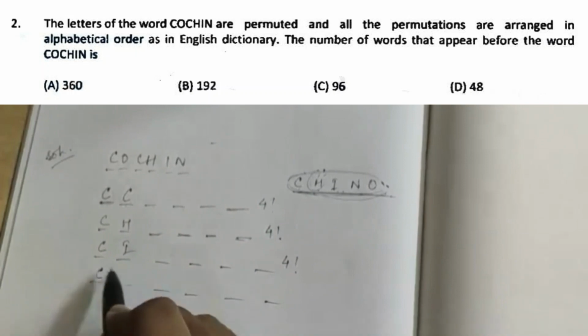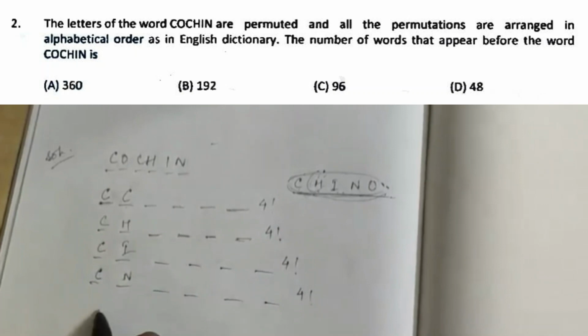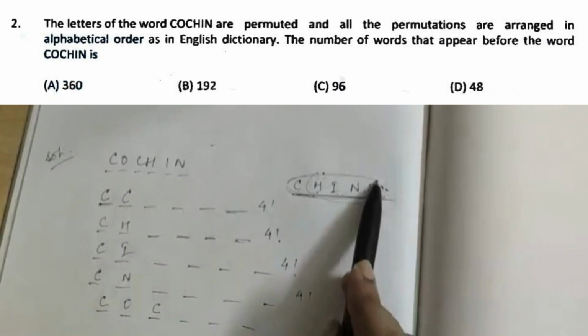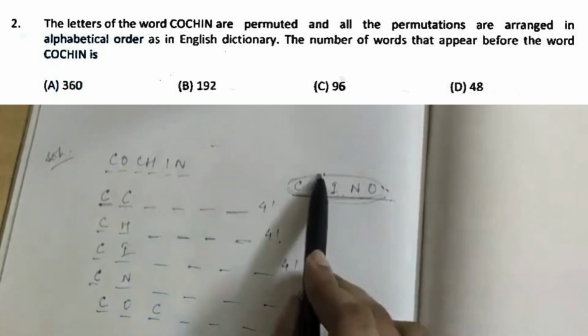Then it will come CN, again 4 factorial, then CO, and finally in case of O at the second place.